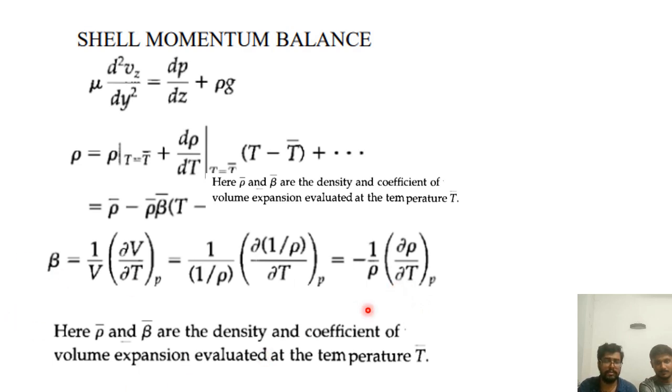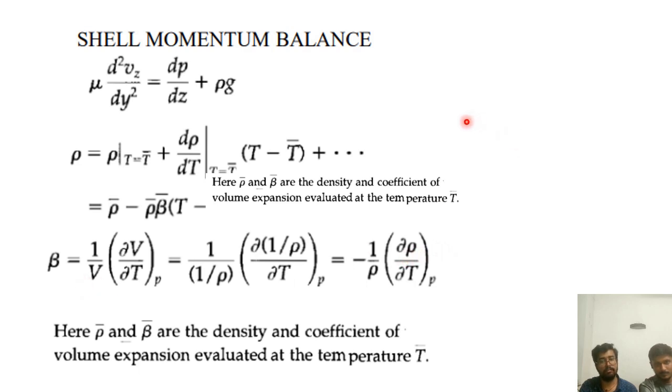So what is beta? Beta is said to be the coefficient of volume expansion, and beta is a relation between temperature and density. Buoyant force is dependent on temperature. Temperature causes the buoyant force, which leads to a change in density. So we can say that density depends on temperature, and the density change depends on beta.